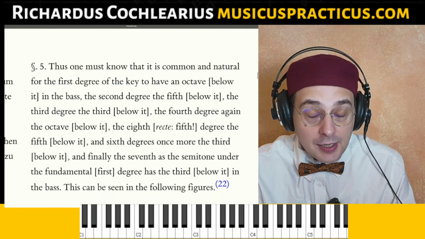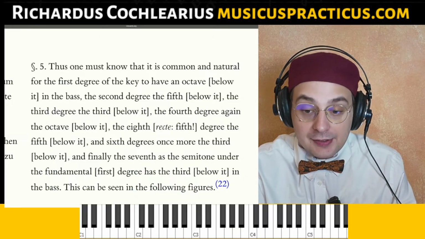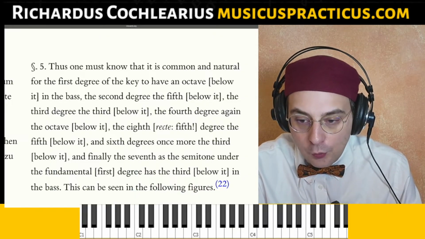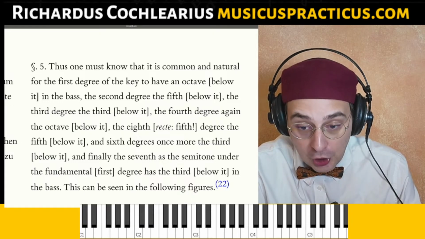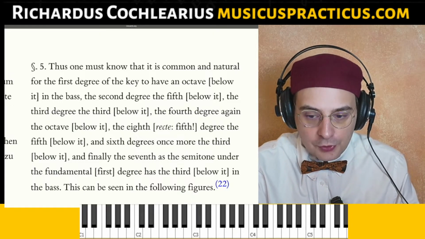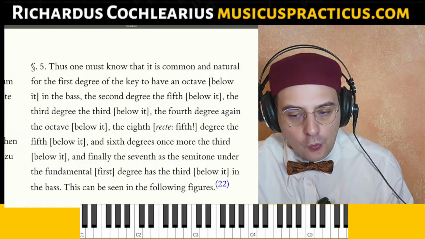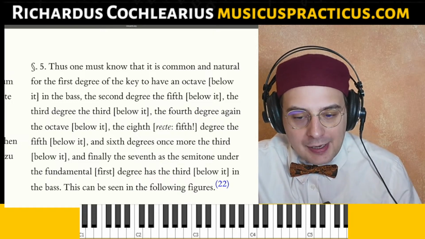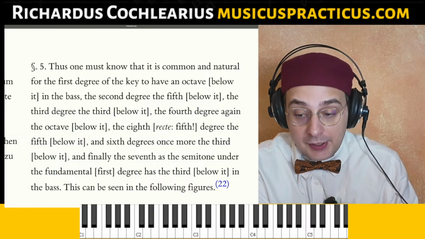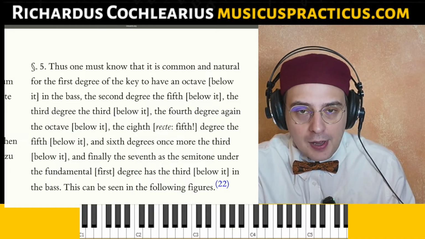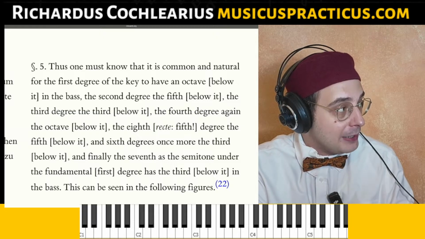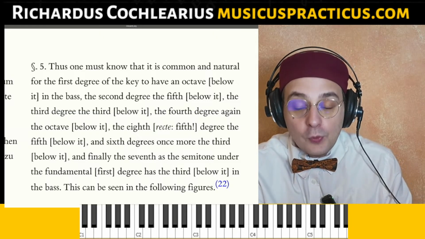So we have to start by determining the scale degrees in the bass. One must know that it is common and natural for the first degree of the key to have an octave below it. So that's why we have to start the melody of our chorale with an octave.